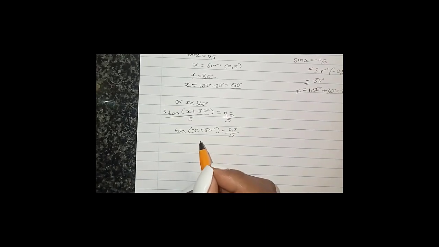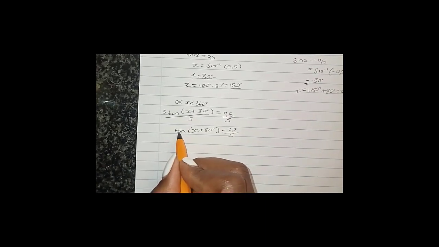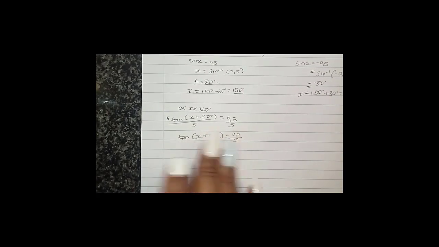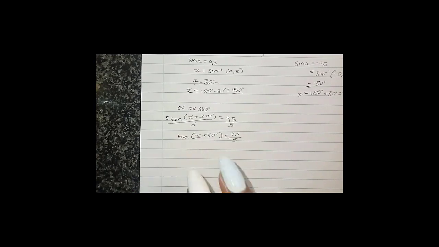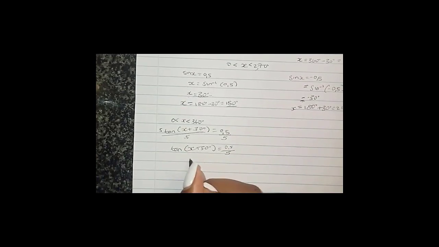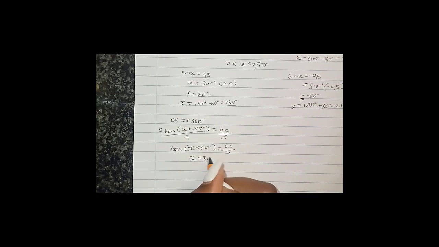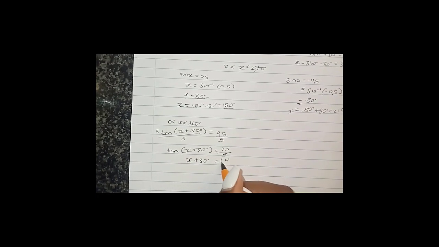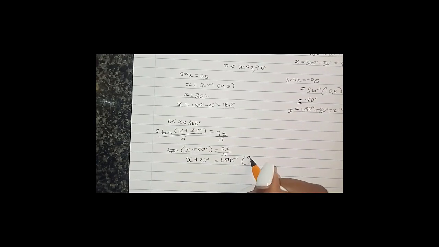And then to remove this tan from this side so that we are only left with this, we are going to say shift tan, just like we did before. So here we'll be left with x plus 30, and this will be shift tan of this 0.5 over 5.